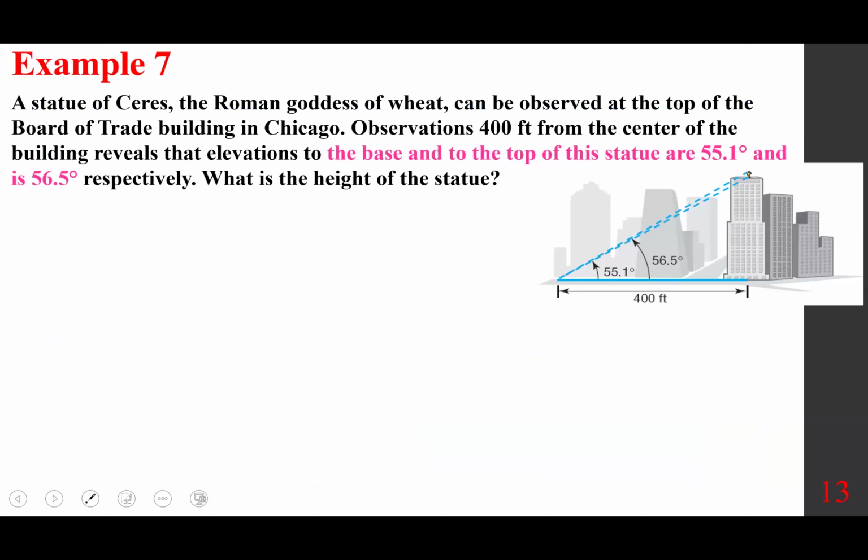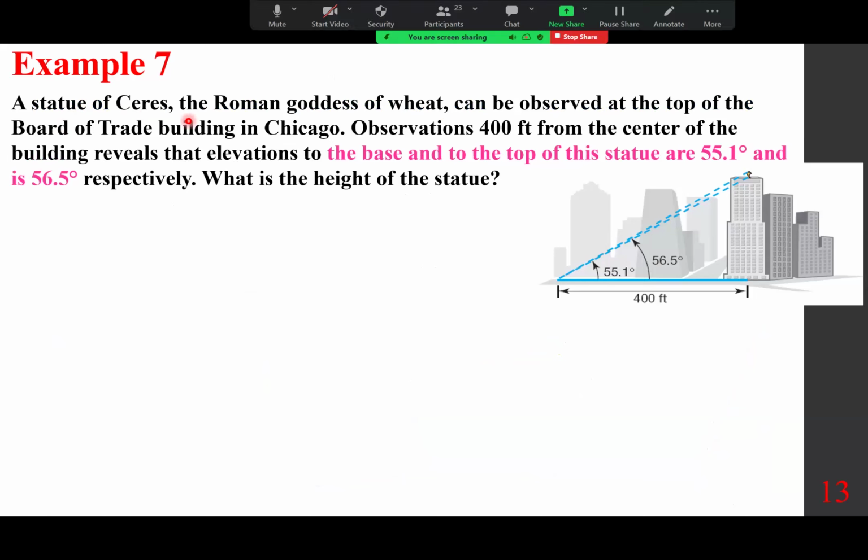Let's look at this example. The statue of Ceres, the Roman goddess of wheat, can be observed at the top of the Board of Trade building in Chicago. Observations 400 feet from the center of the building reveal that the angles of elevation to the base and to the top of this statue are 55.1 degrees and 56.5 degrees respectively.